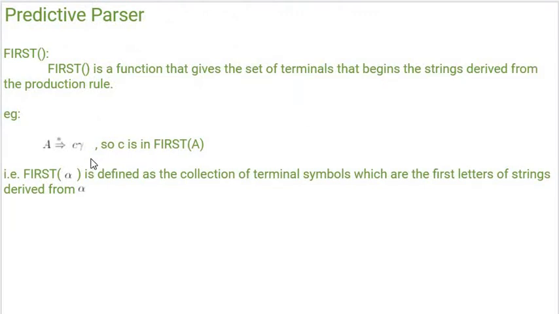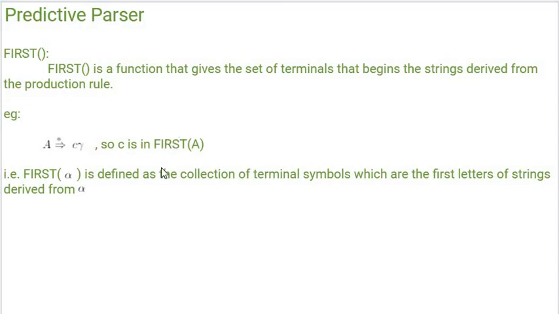Now, for example, when we have a non-terminal A, and if non-terminal A derives to C gamma, it means that C is in first of A. As I said earlier, when we form a string using the non-terminal, the string will be starting with any symbol which is in first of that non-terminal.